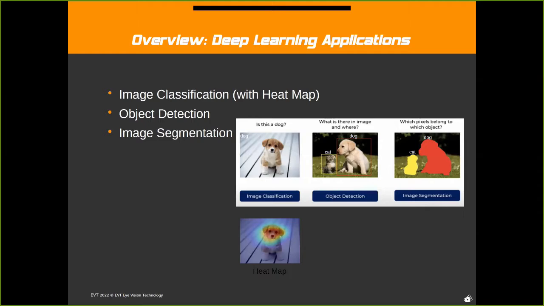So it already gives us a weak localization of the detected objects. Then if we want to more closely localize the objects or multiple objects in the image, we use object detection. And if we want to get the exact form of each object, we use the image segmentation technique.